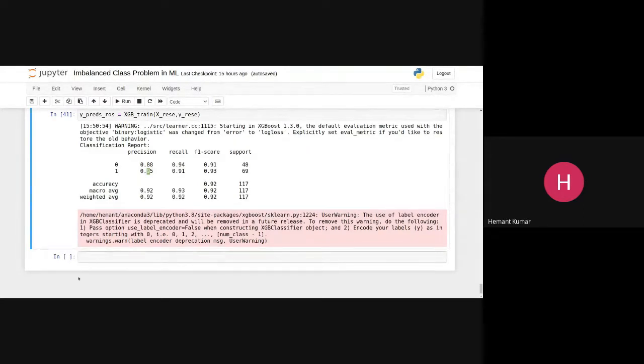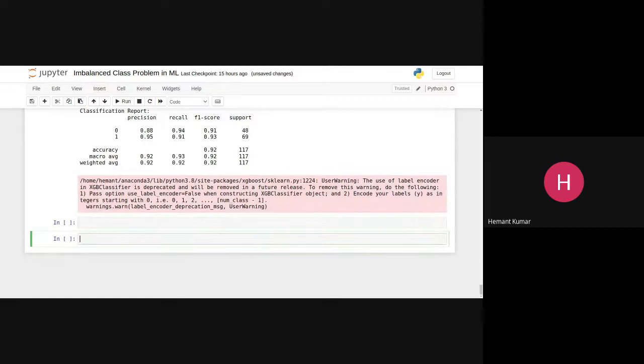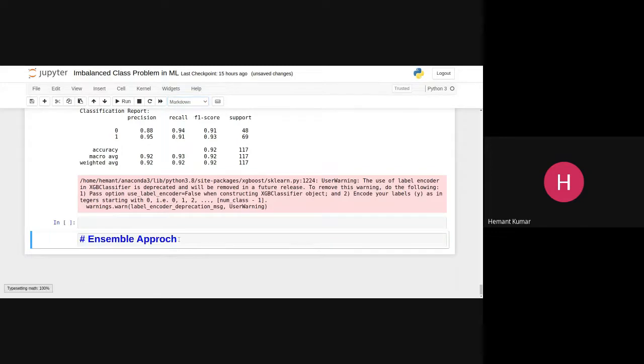No. Now, we have one algorithm missing here. This is the balanced random forest classifier, meaning we have some ensemble approaches here.